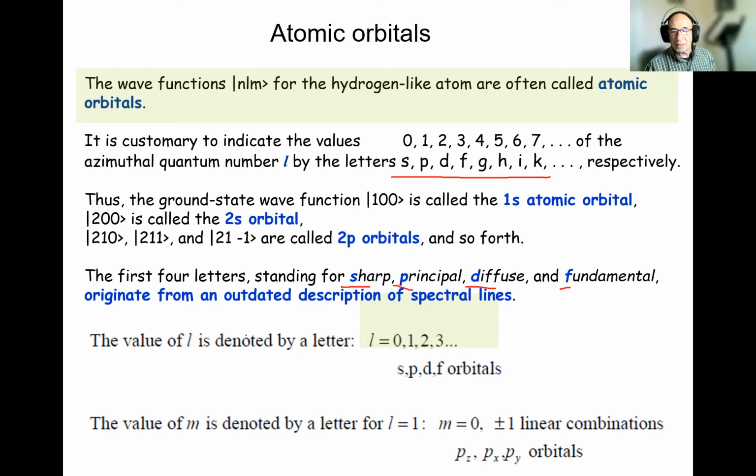We use this as our language all the time. When you describe the behavior of electrons in some, say, crystal, you'll say, okay, the bottom of the conduction band of this material is determined by D functions of titanium, for example. This is how you convey what is actually going on to your peers or to people who are going to read your papers, and they will immediately understand what you are talking about, because they know what D functions are.